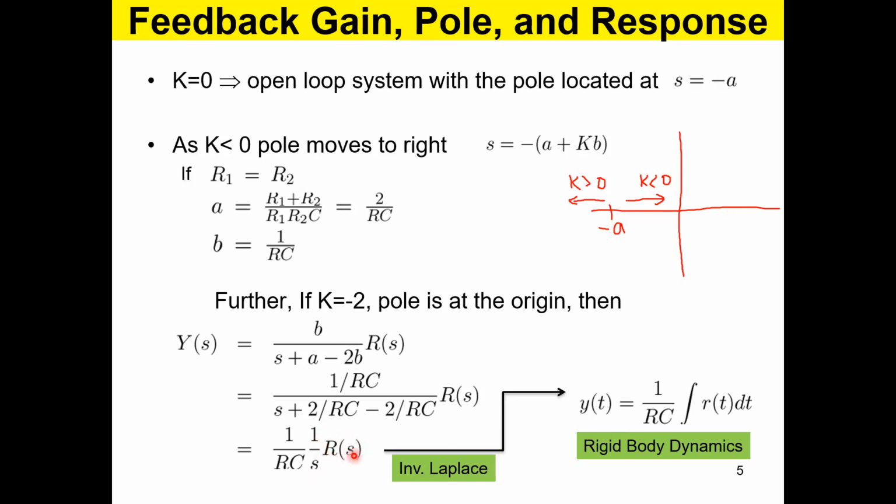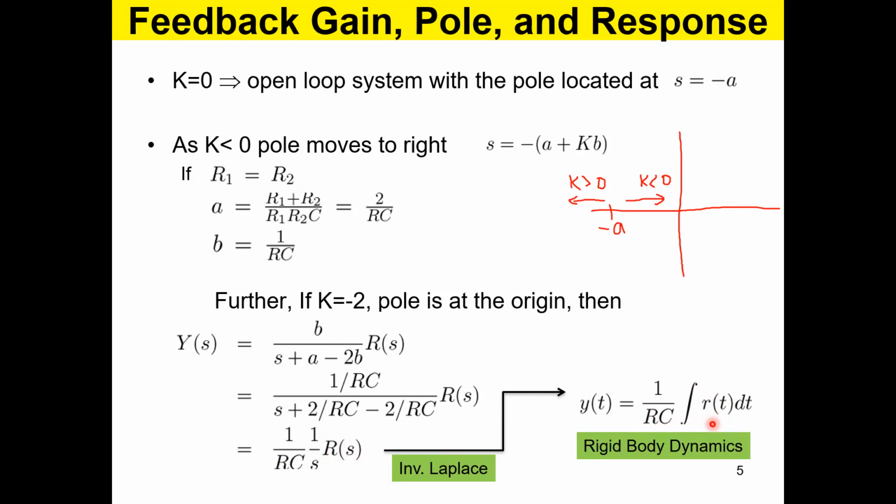The time function of rs is RT. Like this, you integrate it. And 1 over RC is over here. So this is a plant which is an integrator, basically. If you give an input, it will integrate the input and produce a response.